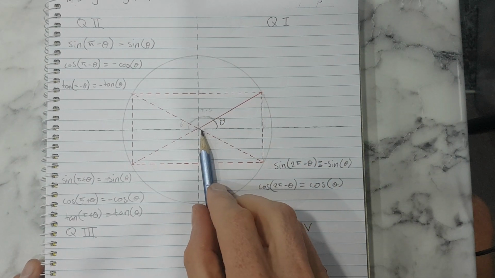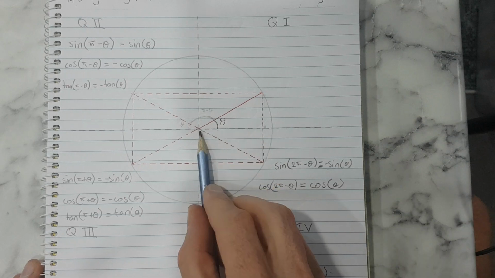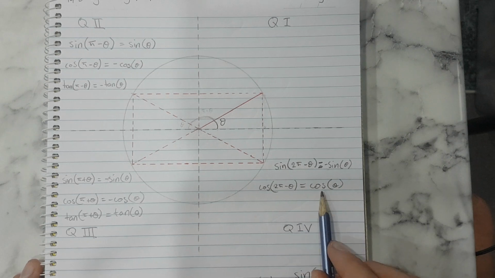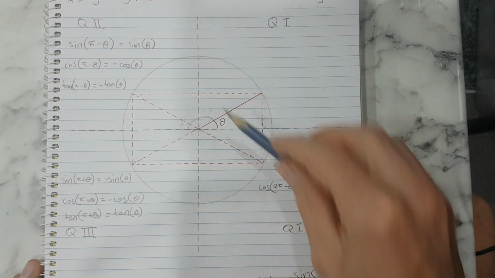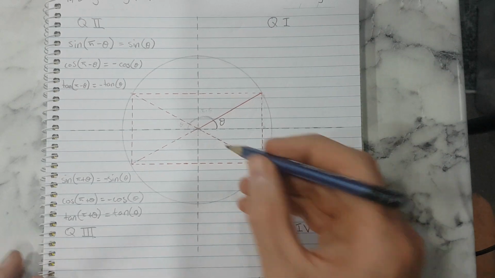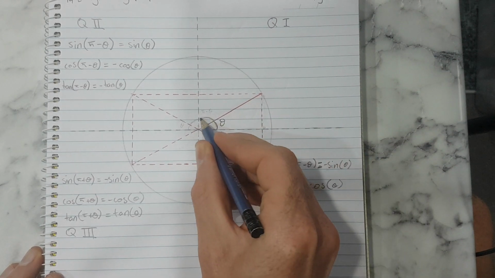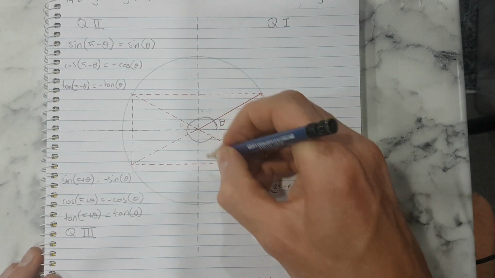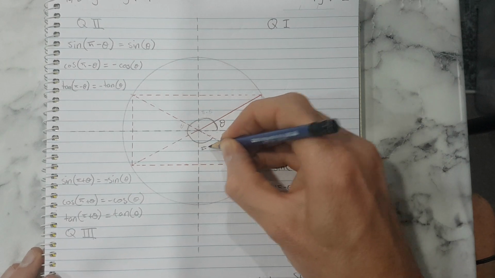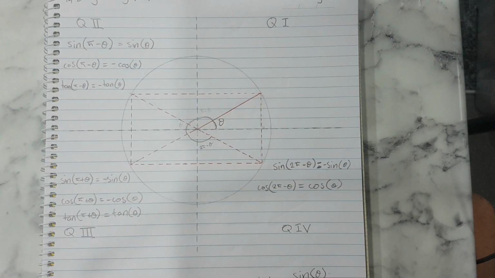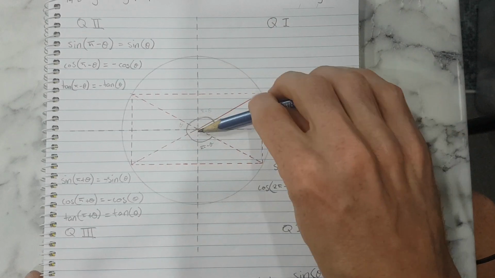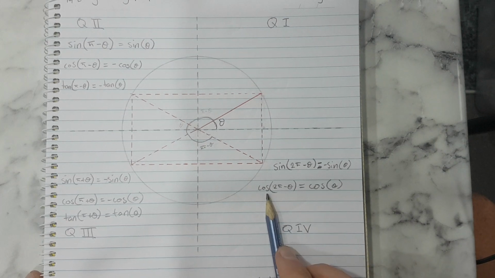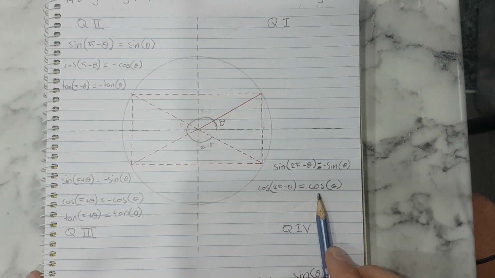Now they share the same base, so cosine is in the positive direction for both the angle theta and the angle 2 pi minus theta, which if you drew this for the angle, it would be right around to here. So that would be 2 pi minus theta. So these triangles are identical. Cosine is in the positive direction for both of them. So cosine of 2 pi minus theta is equivalent to cosine theta.